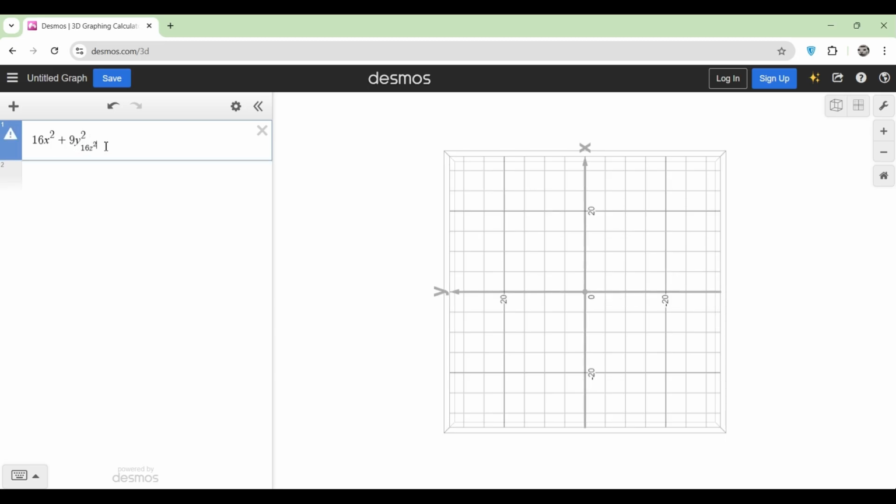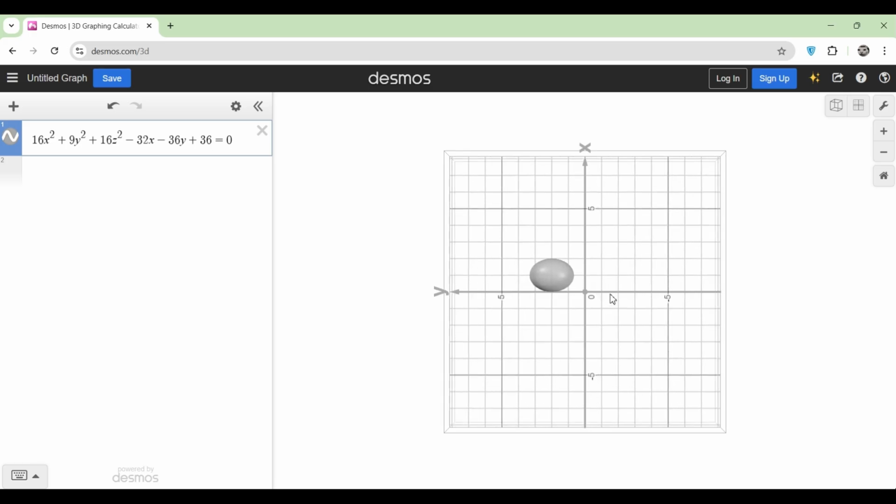So it's gonna be equivalent. 16x squared minus 32x minus 36y plus 36 is equal to 0. Okay, so let us zoom in.